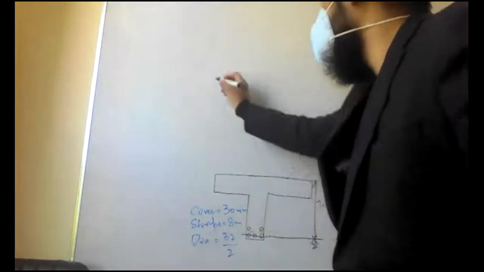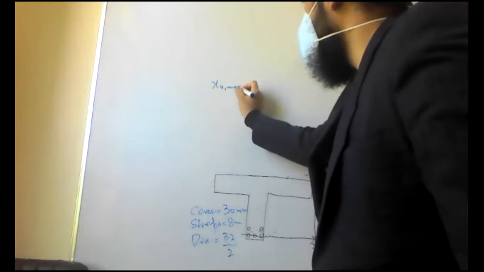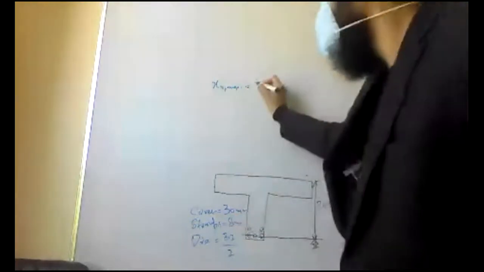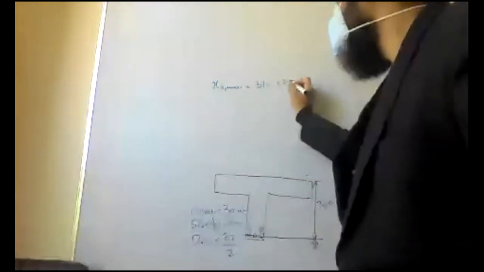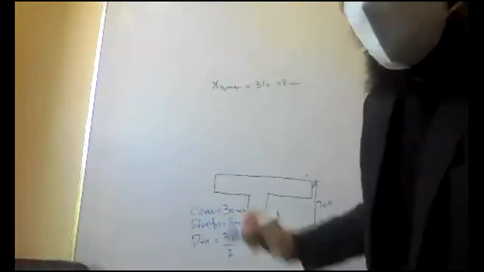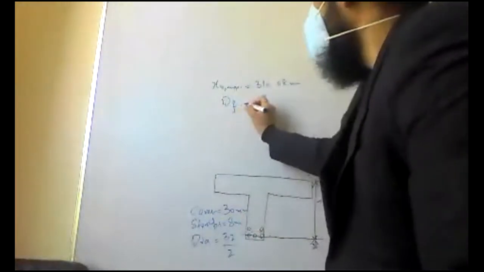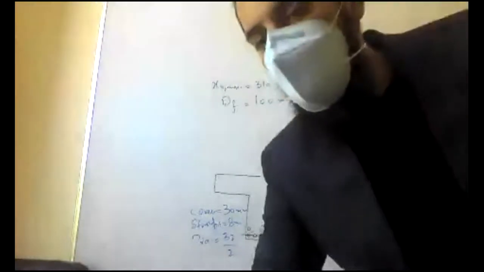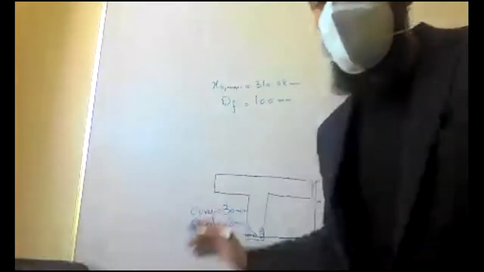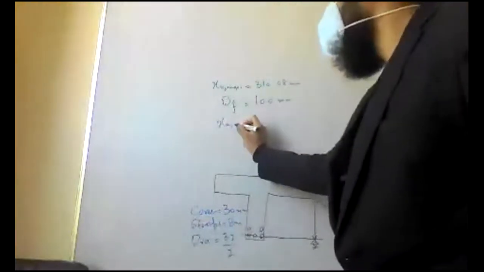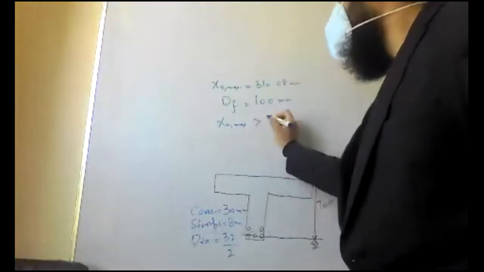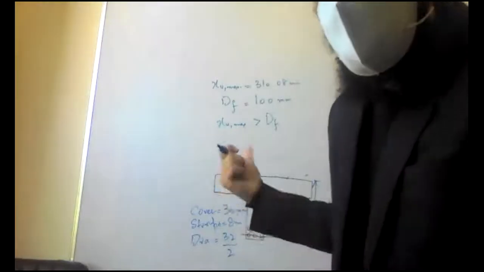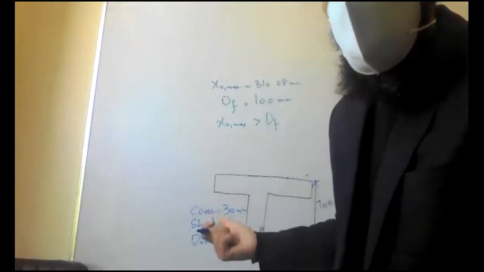Your XU max is now 310, right? Your DF is 100 mm. Then your XU max is greater than DF, which is 100 mm.